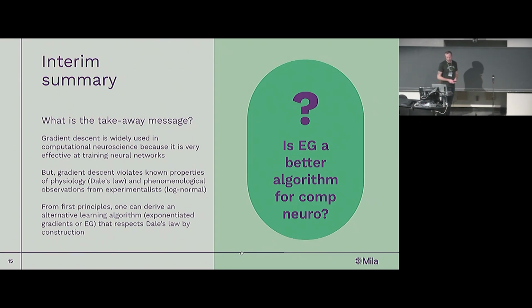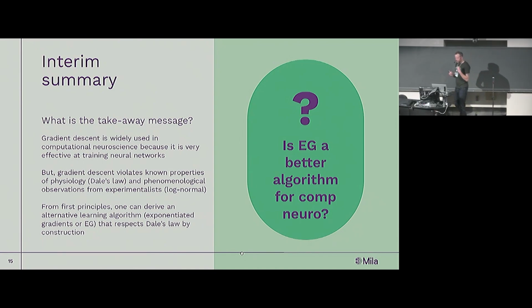Okay, so the takeaway message is that gradient descent is widely used in computational neuroscience because it's very effective at training neural networks, but it violates known properties of physiology, i.e. Dale's law, and it also violates the phenomenological observations. So we've started exploring this alternative learning algorithm, exponentiated gradients, which is constructed by a similar process of asking what is the optimal learning algorithm, but operating within a different set of constraints on the synapses, i.e. constraints that respect Dale's law by construction.